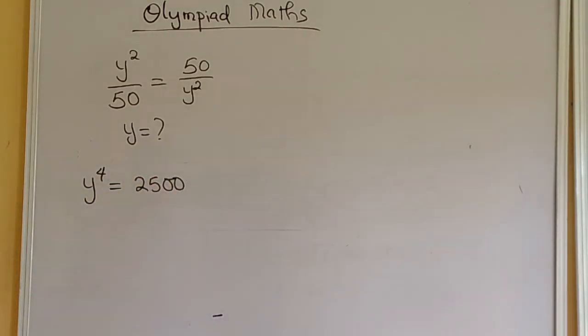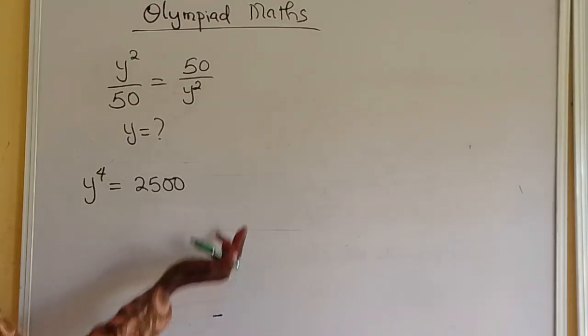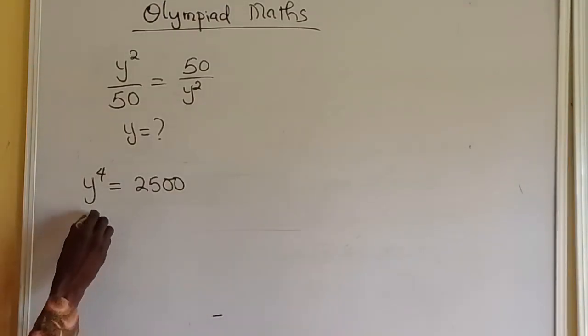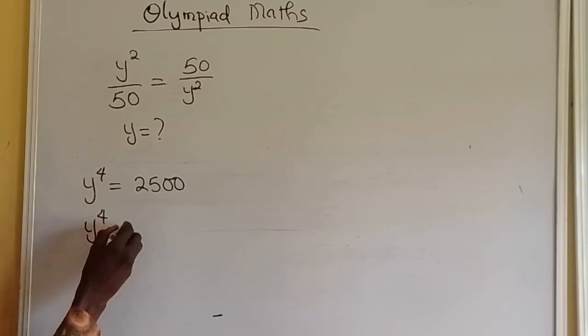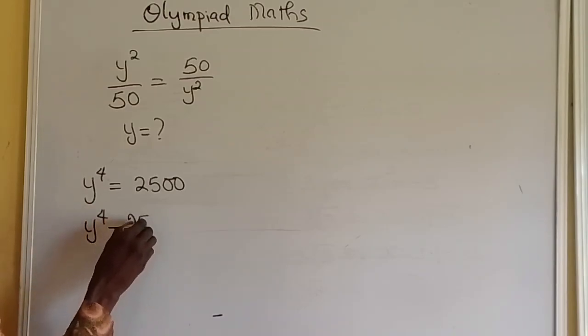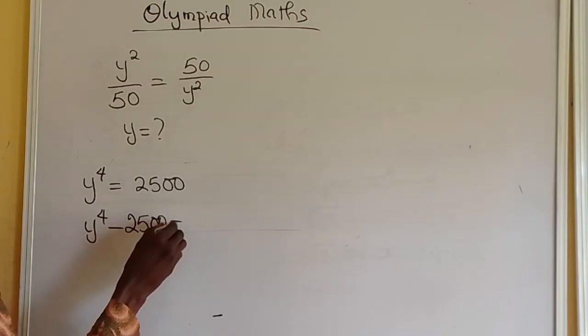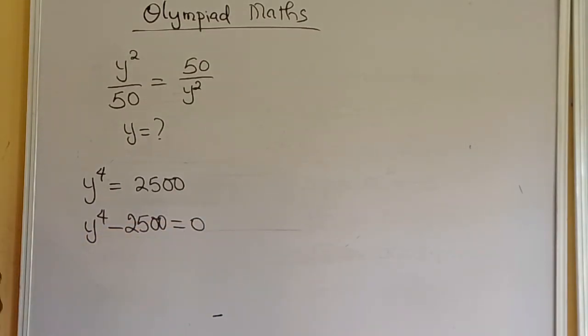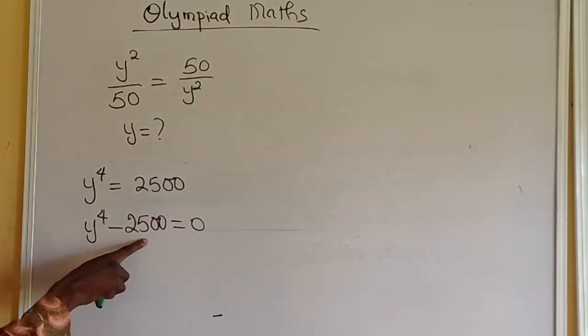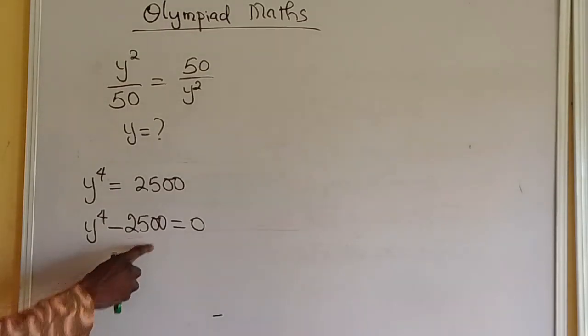Let's collect: y raised to the power of 4 minus 2,500 is equal to 0. Take note, 50 times 50 is what I produce here.